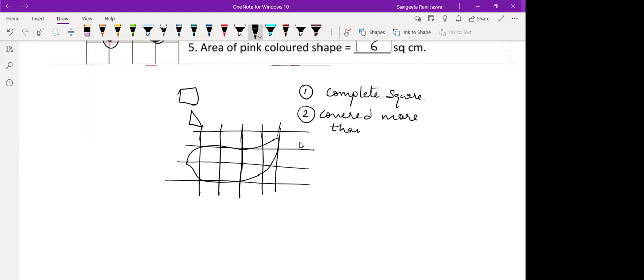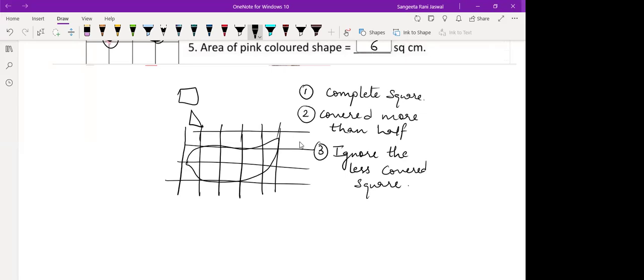Which square has been covered more than half, you will count it as 1 square. And the one which is covered less, that you will ignore. Ignore the less covered square. Less means less than half.